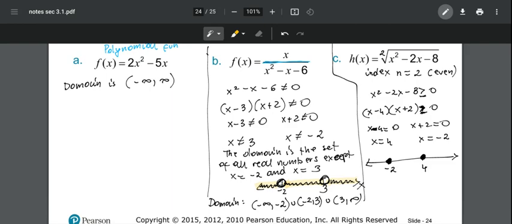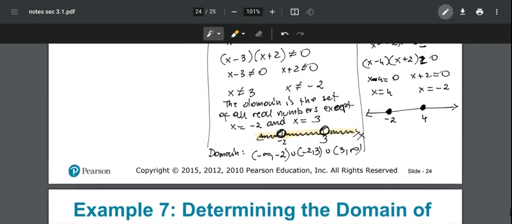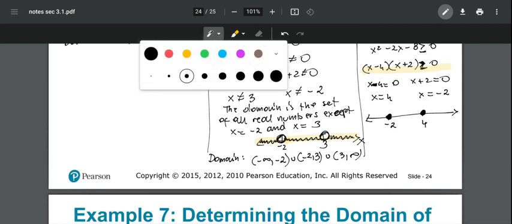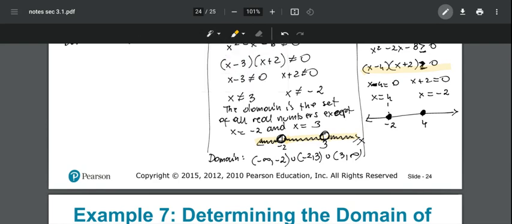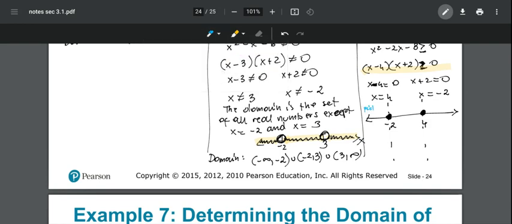And now I'm checking which interval will satisfy our inequality. Okay, so you can break this down into 3 intervals and just pick any number from each interval. So here I will pick x equal negative 3.